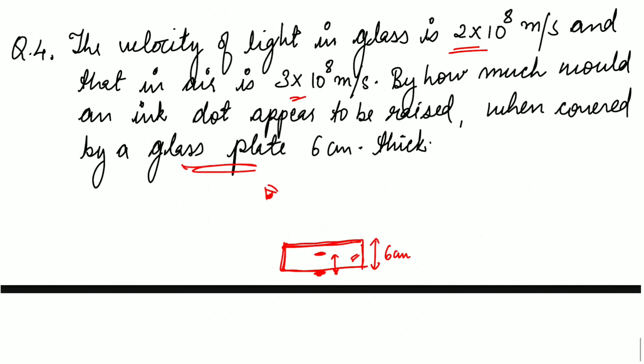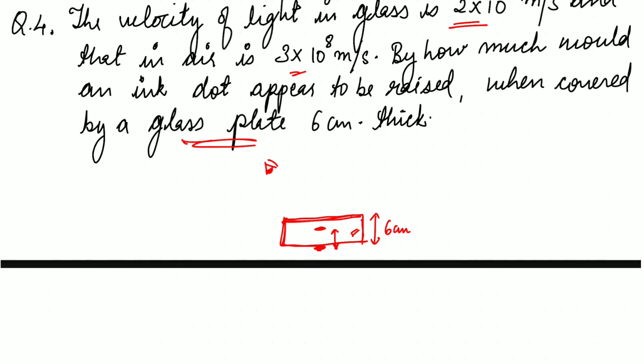Now we already know the refractive index of glass upon refractive index of air, or I can simply say the refractive index of glass with respect to air, is given as velocity of light in air upon velocity of light in glass, right?